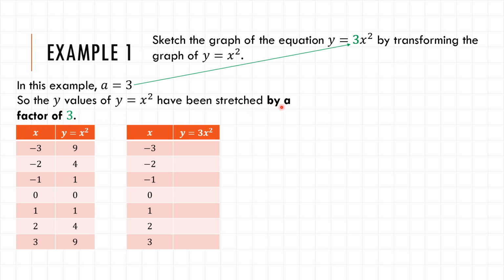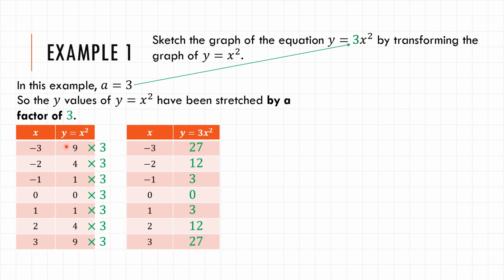That's the verbiage we use, by a factor of. So 9 times 3 gets us 27, 4 times 3 is 12, 1 times 3 is 3, 0 times 3 is still 0, 1 times 3 is 3, 4 times 3 is 12, and 9 times 3 is 27. So now I have all my x and my y values.